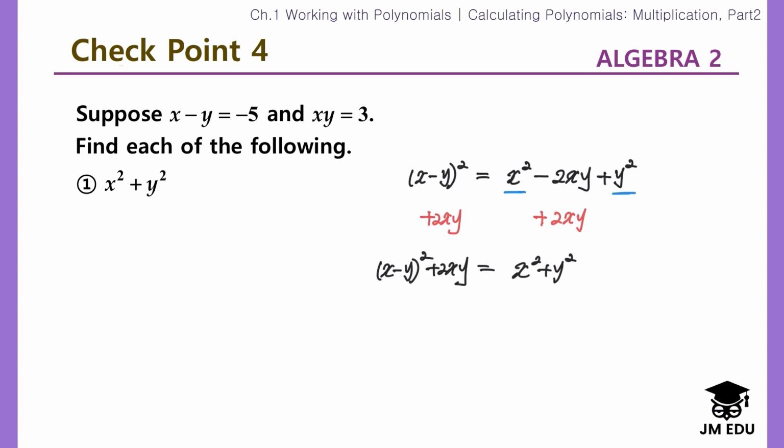So x squared plus y squared is equal to x minus y squared, minus 5 squared, plus 2 times xy, 3, right? So that's going to be 25 plus 2 times 3, 6. That is equal to 31.